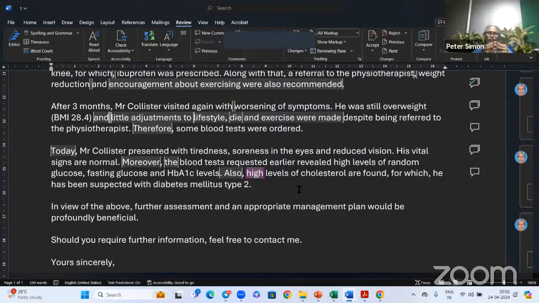Due to the high levels of concentration of cholesterol, on account of high levels of cholesterol, or because he has high levels of cholesterol, diabetes mellitus type 2 has been suspected or is suspected.